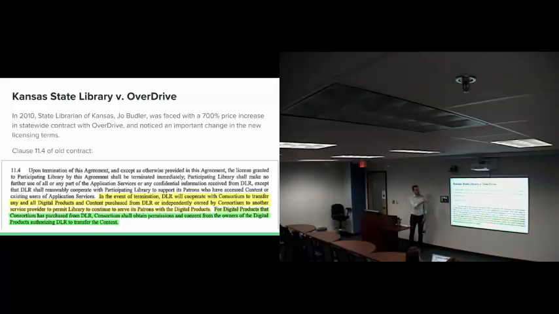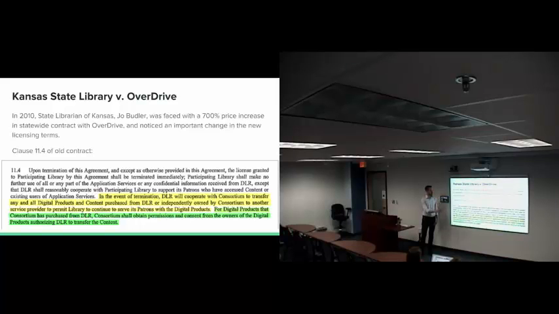There were two main deal breakers for her. Number one, there was a 700% price increase over the deal that they had signed 5 years before, and also there was a sneaky change in the terms of the old contract.